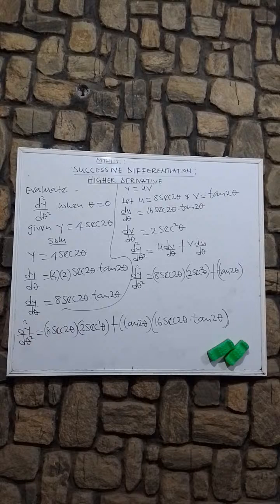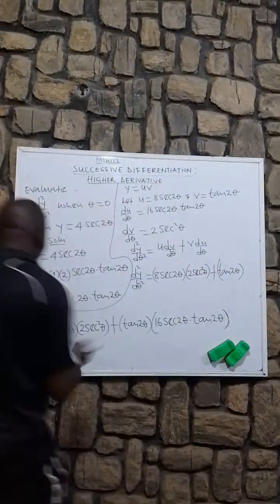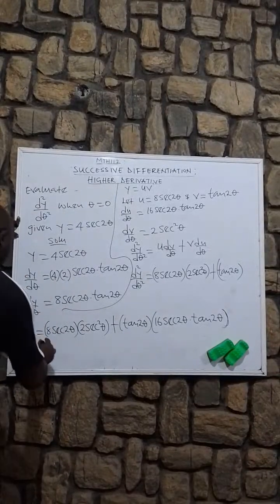Then now the question says when theta equals to 0. So when theta is equals to 0, it implies that anywhere you see theta, you substitute in 0. So let's come here.